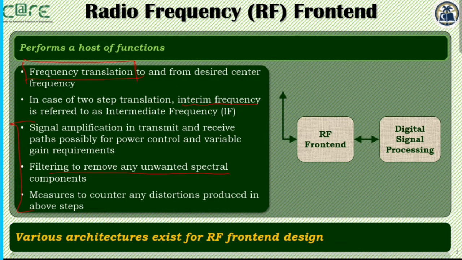And finally, another important task of the RF front-ends is to counter any distortions that are produced in the above steps. So during the process of frequency translation, during the process of amplification, or during the process of filtering, there are often some distortions produced that need to be suppressed and countered.